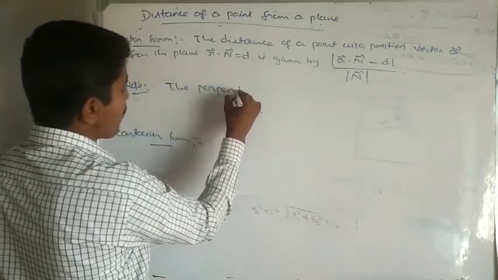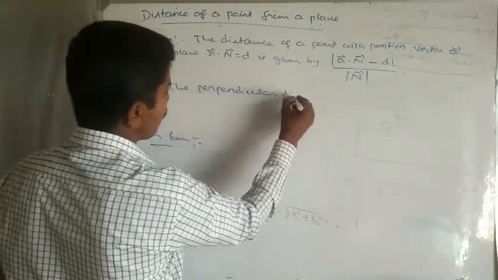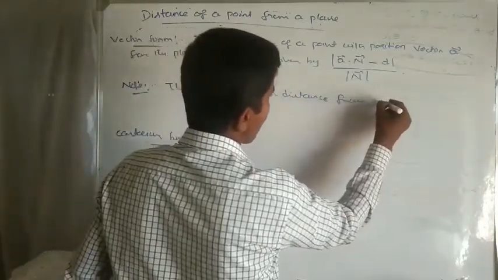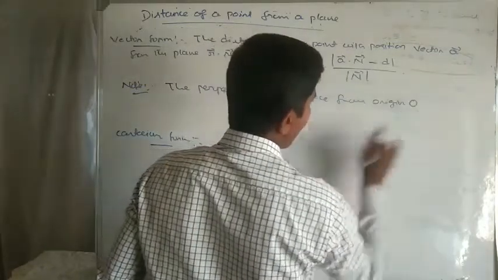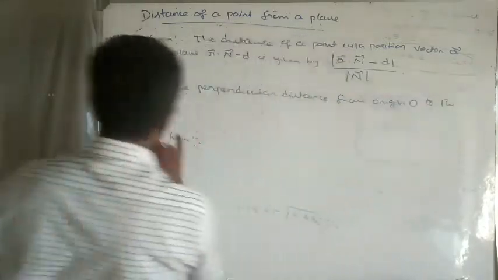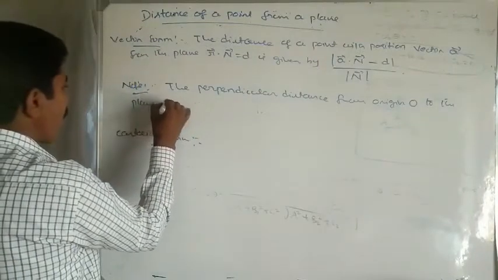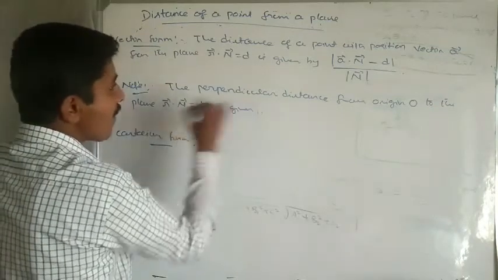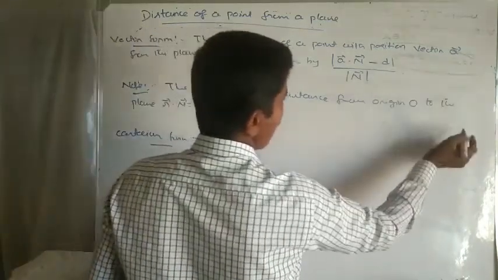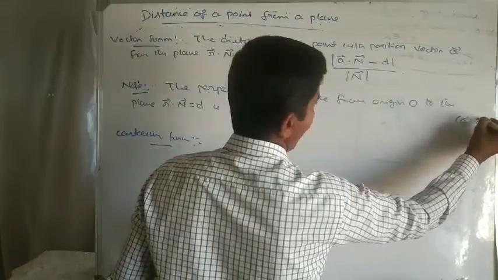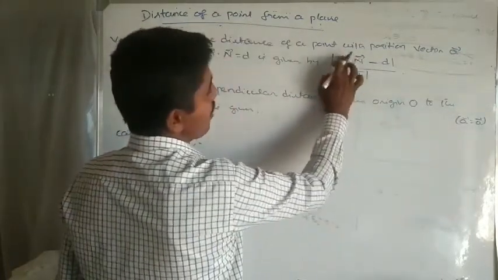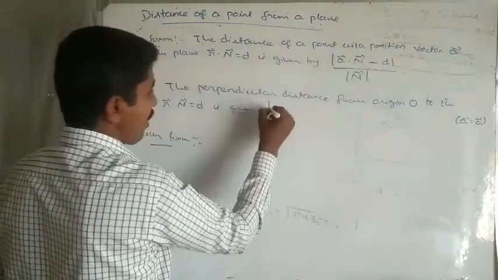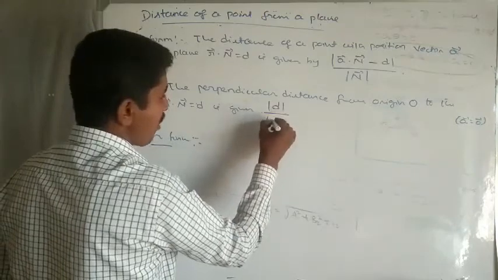The perpendicular distance from origin O to the plane vector r dot vector n is equal to d is given by: with the origin, vector a equals the 0 vector, so the numerator becomes modulus of minus d, that is modulus of d, divided by magnitude of vector n.